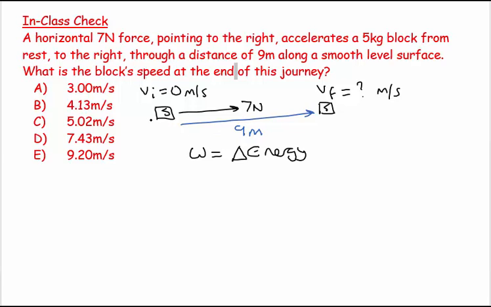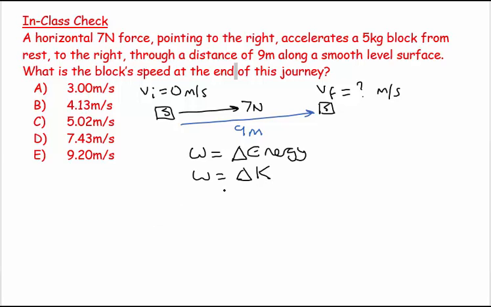In this case, I'm not climbing any hills, so I've not got a change in gravitational potential energy. There's no springs around, so there's no change in spring potential energy. So work is equal to my change in kinetic energy in particular.